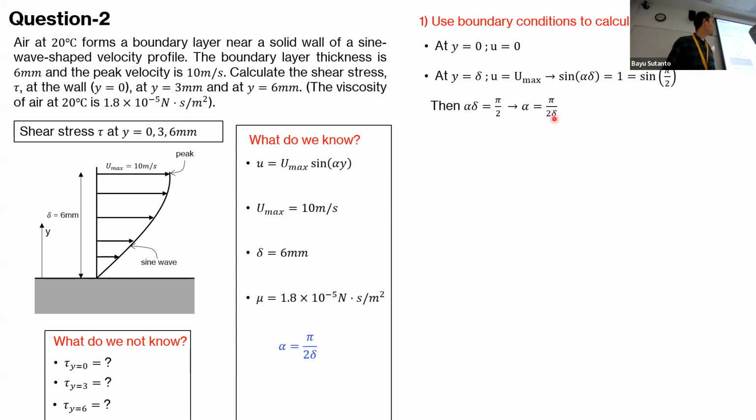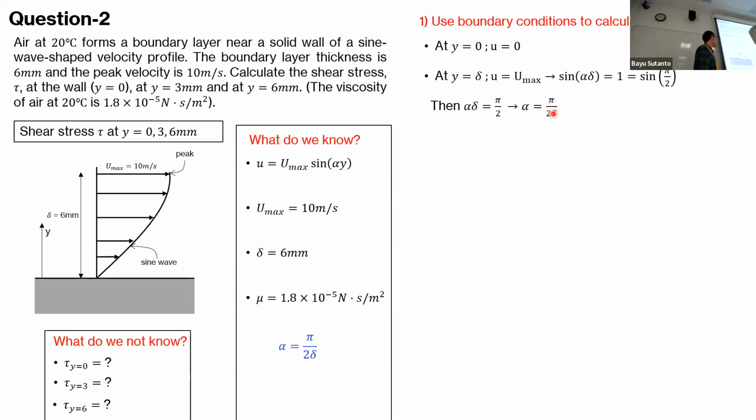So our function is u equal to u max sin alpha y, with alpha equal to pi per 2 delta. If you input y equal to 0, you get sin 0 equal to 0, so velocity will be 0.